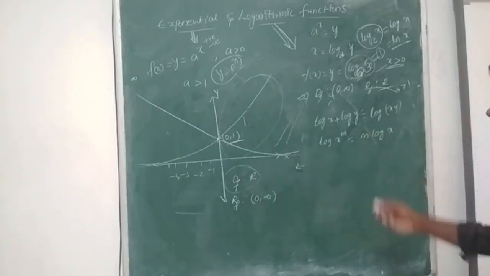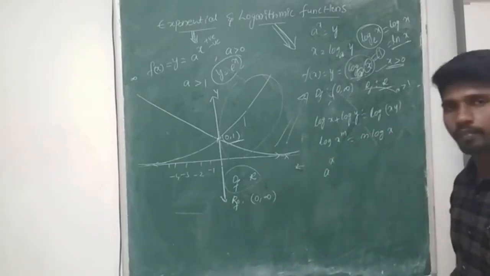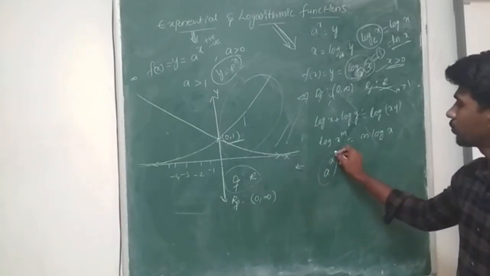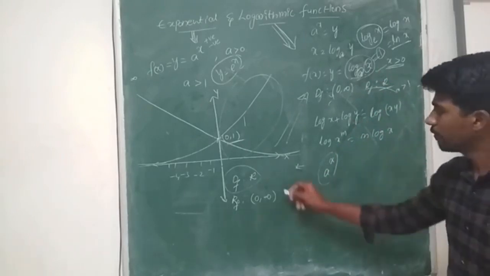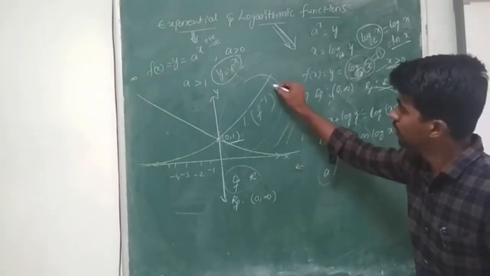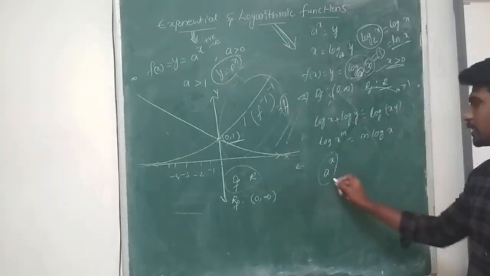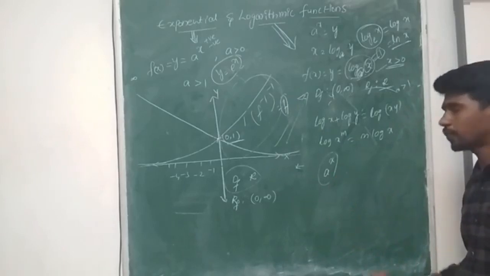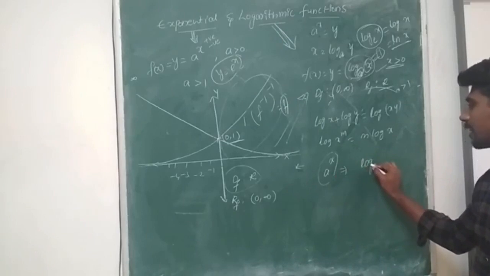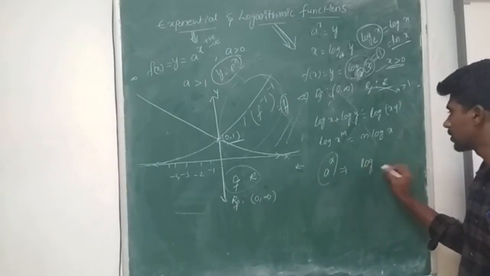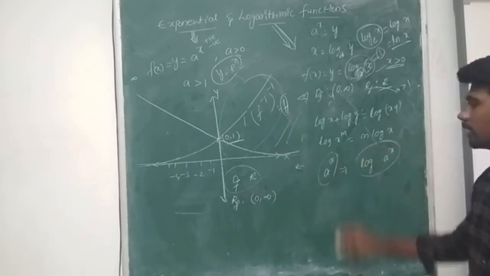Now the interrelation of logarithmic and exponential. I have a function like a power x. How can we rewrite this in terms of a combination of exponential and logarithm? We know that f inverse whole inverse is equal to f. Suppose I consider this as a function, I am converting it in terms of logarithm by applying logarithm, log of a power x.